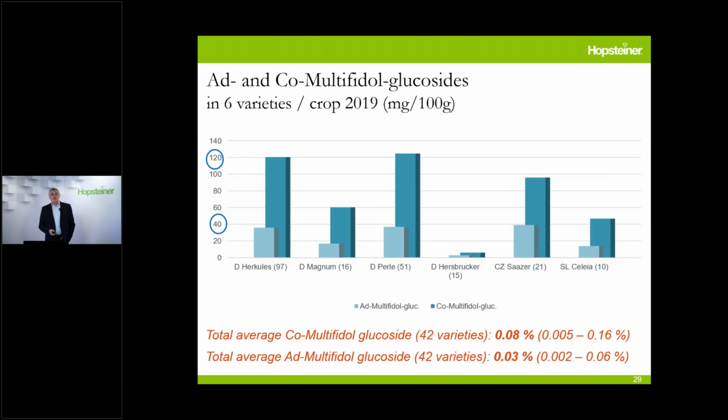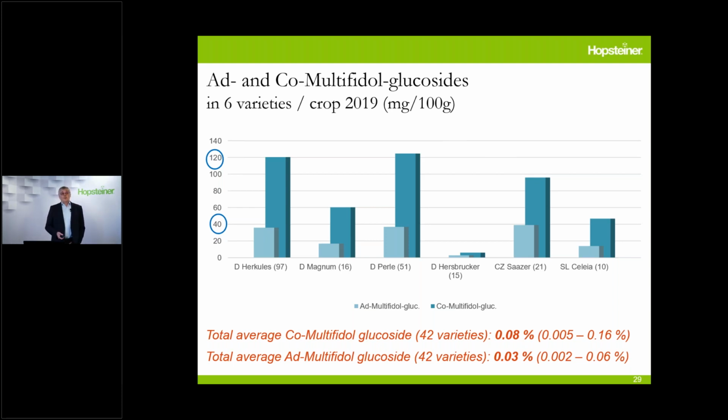Just as an example, I just showed you the co-multivital glucosides, and here in comparison the multivital glucosides. Here the concentration is not given in percent but in milligram per 100 gram, but 120 milligram per 100 gram is the same concentration for Hercules as the 0.12% given just before.